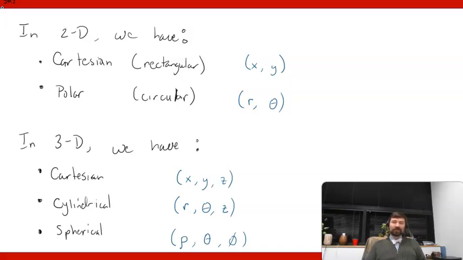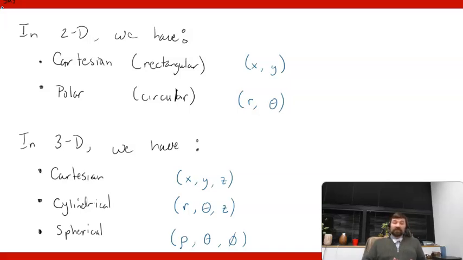In Cartesian, you might be told go 300 paces north, then go 200 paces to the east, then look for something that is, say, 6 feet above the ground. All right, so a little above eye level.